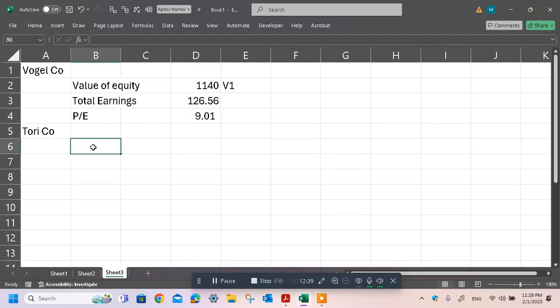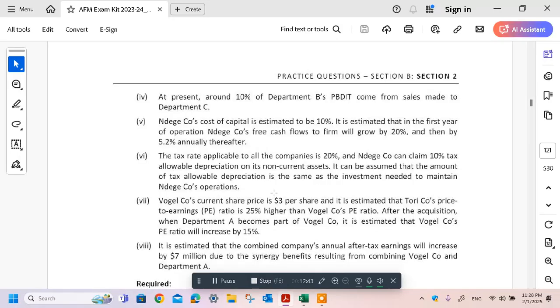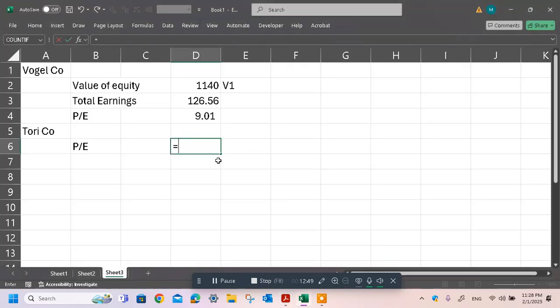So now Tory Company's PE ratio, how it is going to be? It says 25% higher than Vogel's PE ratio. Can you see here this sentence? So 25% higher means I can multiply by 125%. That is Tory Company's PE ratio. Done. Do we know Tory's earnings?